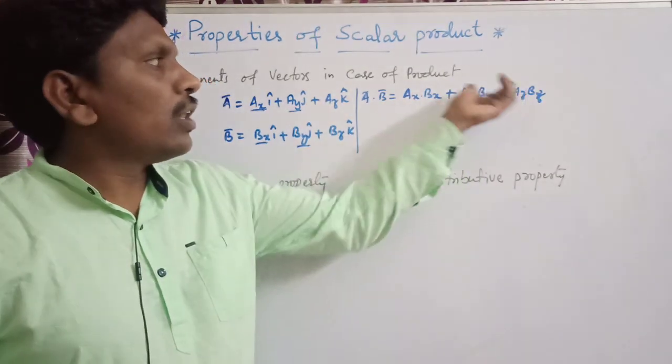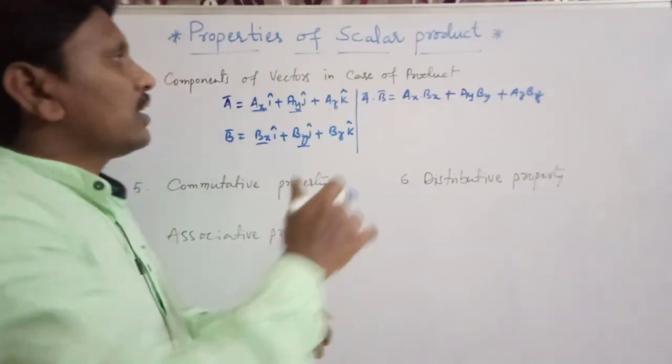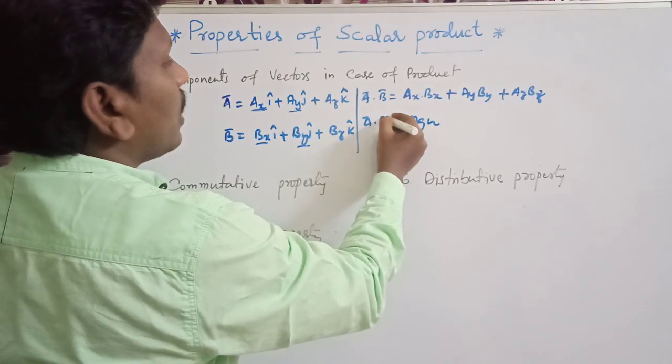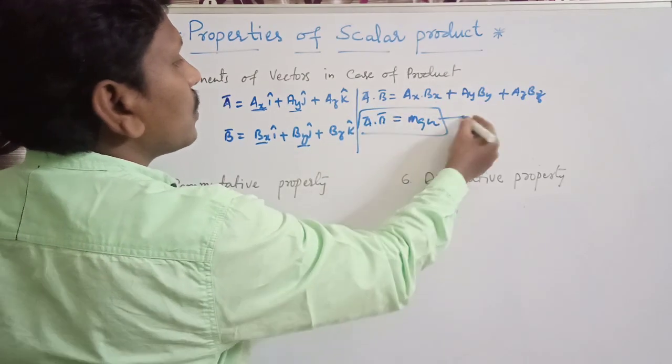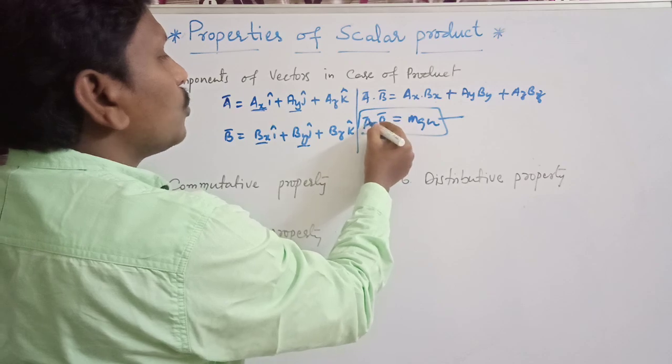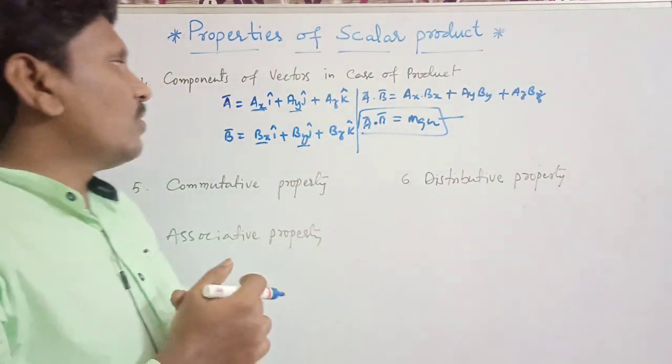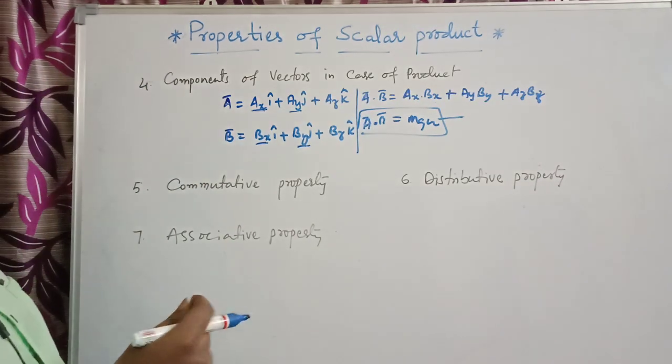The sum of all these magnitudes gives only magnitude. The dot product of two vectors always gives a magnitude, or scalar value. So this is how we can simply understand it.